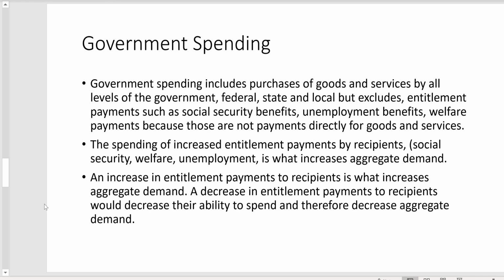The spending of the entitlement payments by the recipients, that's what increases aggregate demand, not the government sending out the check. So an increase in entitlement payments to recipients would increase aggregate demand. A decrease in entitlement payments to recipients would decrease their ability to spend, and therefore that would decrease aggregate demand.